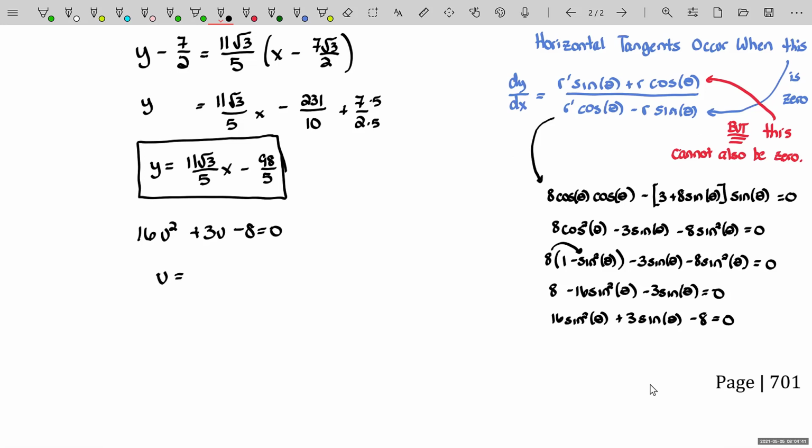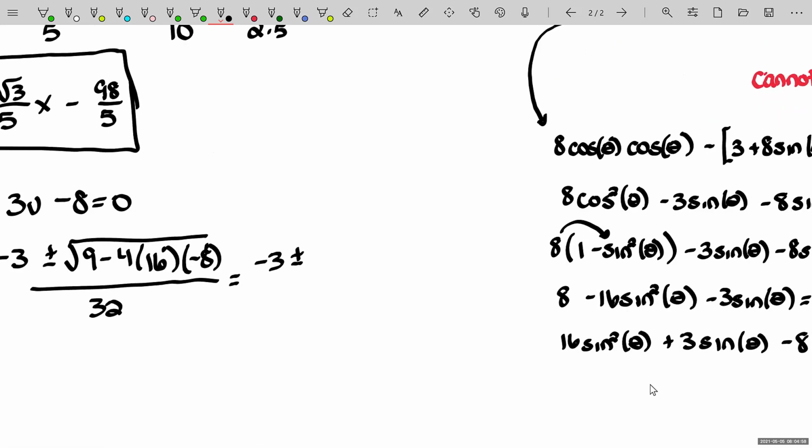That means that u is equal to -3 plus or minus square root of 3 squared minus 4ac all over 2a. So you can see you're going to need a calculator for this. 32 times 16, that's 512, I think, but I'm just going to double check.